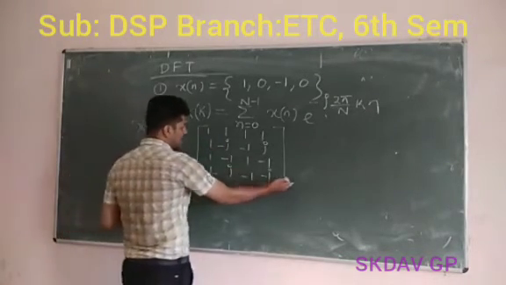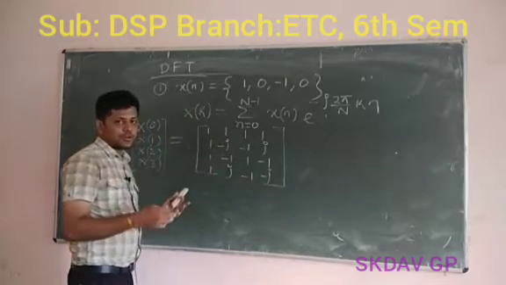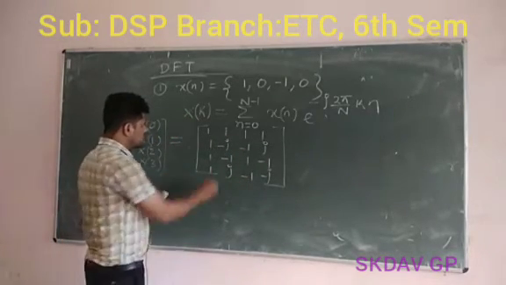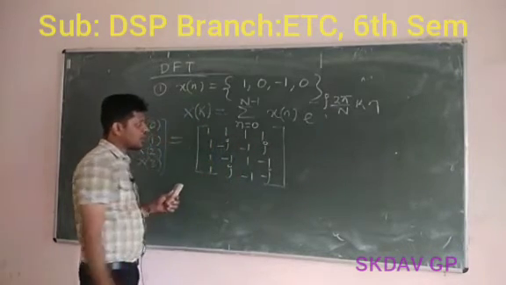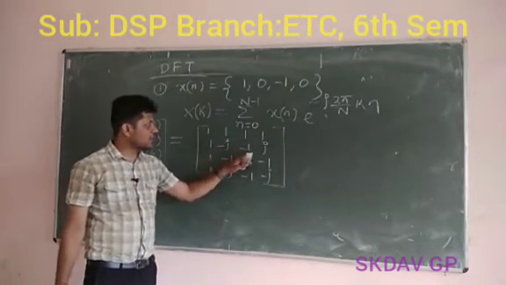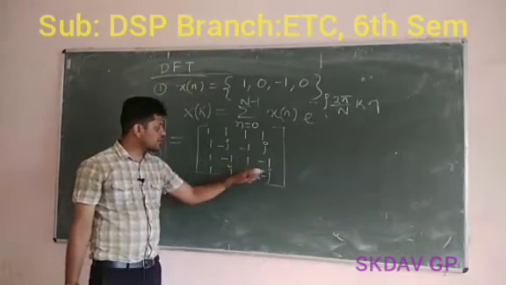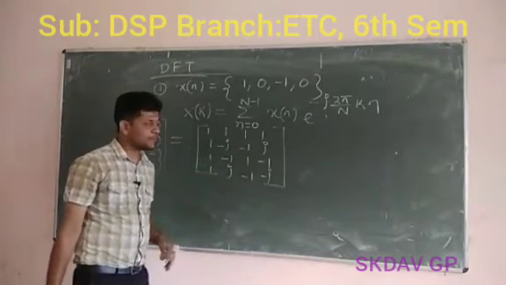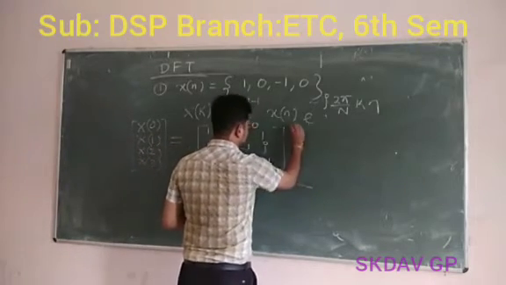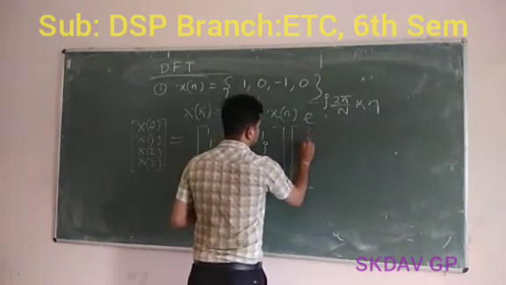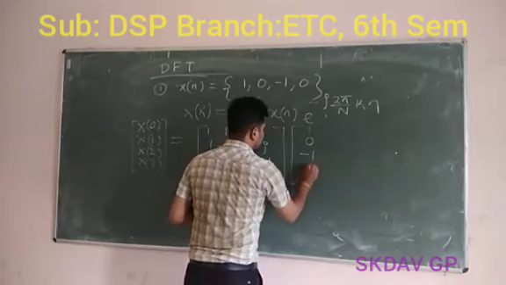We need to define a matrix of size 4 cross 4, that is a square matrix. The first row and first column are all 1. Then the rows are 1, minus j, minus 1, j; 1, minus 1, 1, minus 1; and 1, j, minus 1, minus j. And the given signal x of n we can write in this way: 1, 0, minus 1, 0.